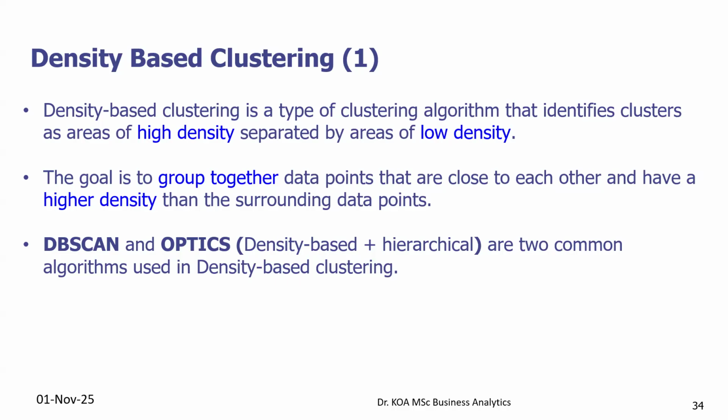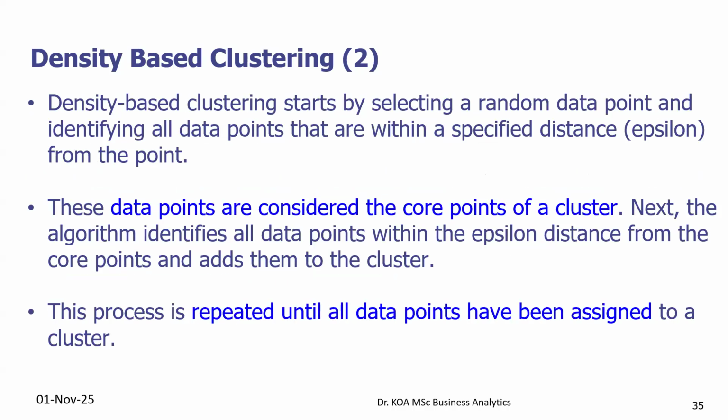One is the density-based scan, and then the OPTICS. OPTICS combines the density-based approach as well as the hierarchical. But the density-based scan doesn't combine that. The density-based scan is just using the density, or what you might call a kernel density approach, to analyze the data. Now, how do you do it?